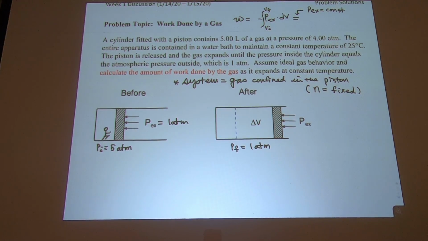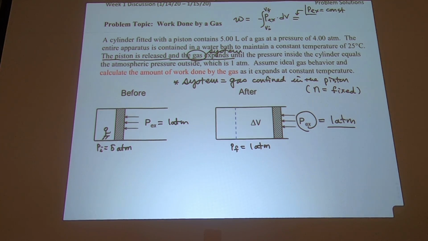So the piston is released and the gas expands until the pressure inside is equal to the outside pressure. For this gas, which is your system, the external pressure has been constant at 1 atmosphere.